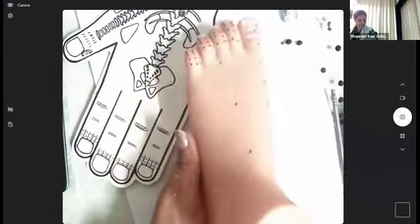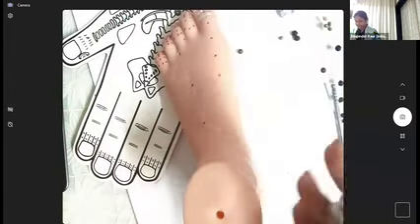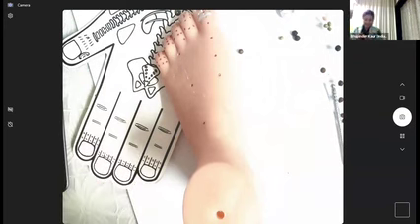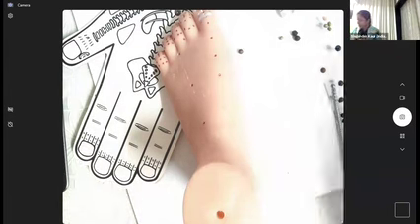I'll show. Three fenugreek. Yes, this way.